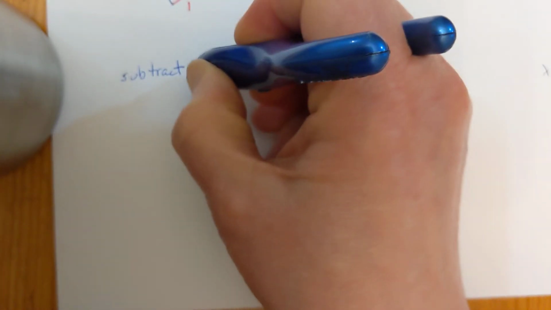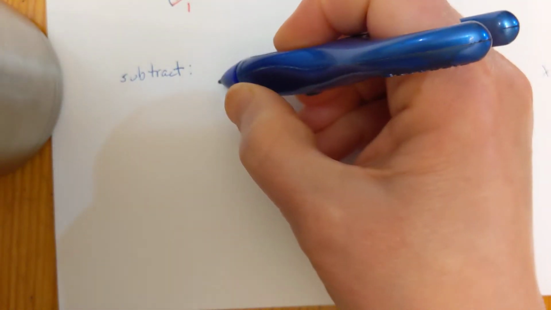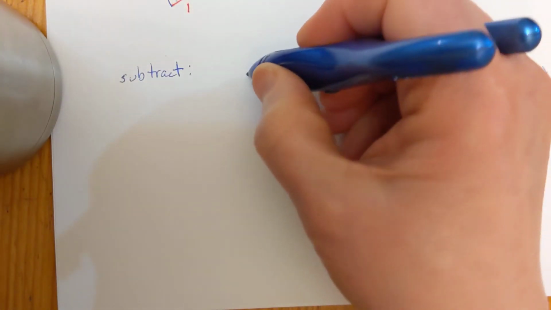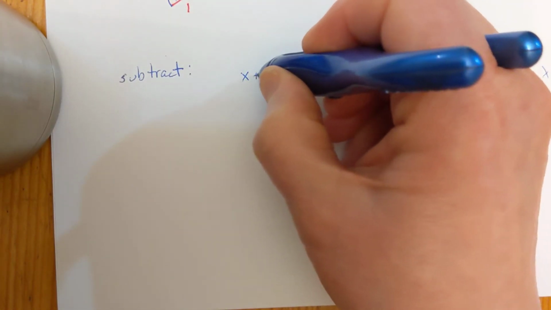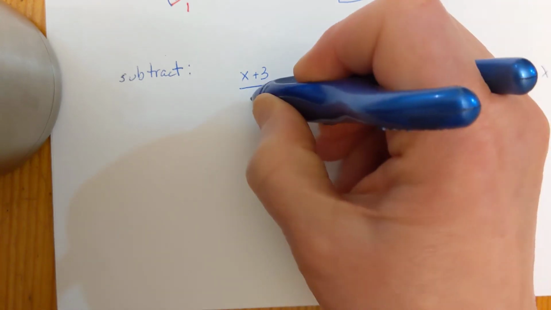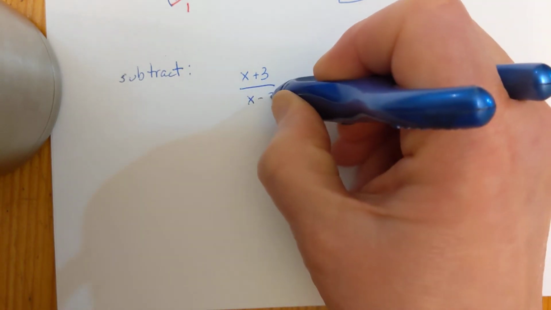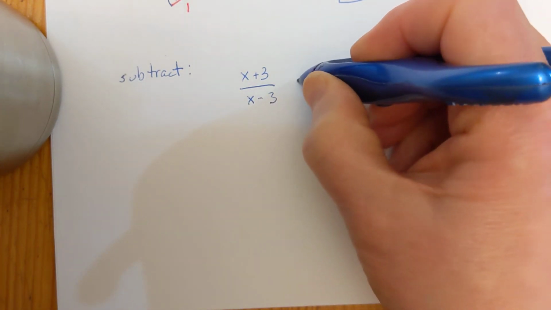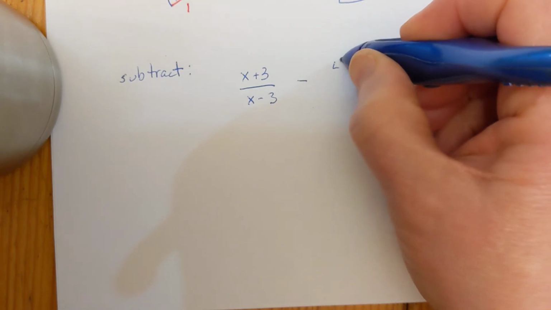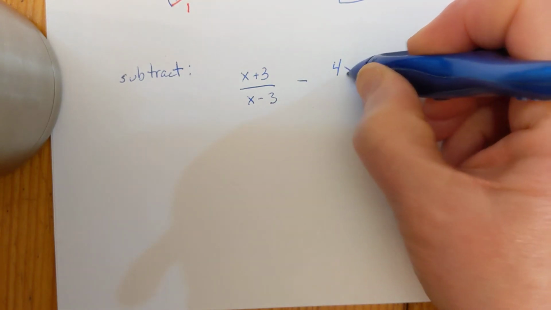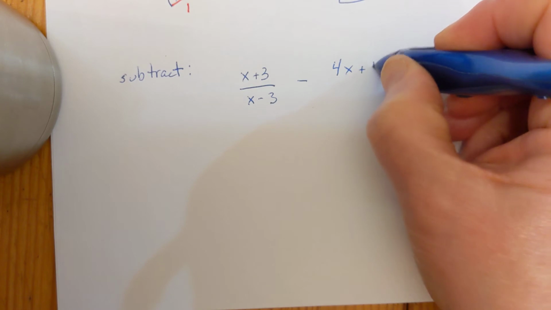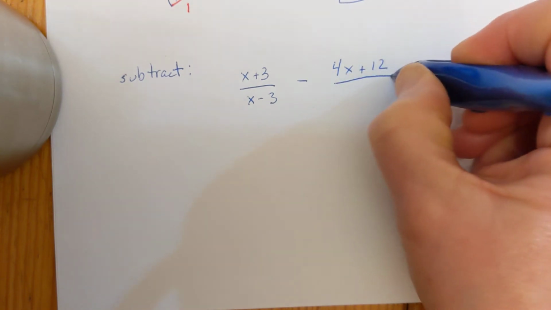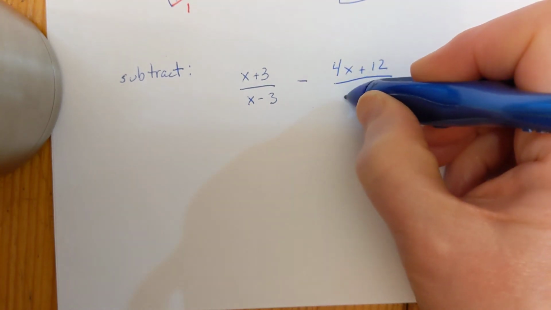Addition and subtraction are different than multiplying and dividing. In order to add and subtract fractions, you have to have common denominators. So I'm going to have to build to a common denominator. I can't just simplify. I can't just cancel out terms.